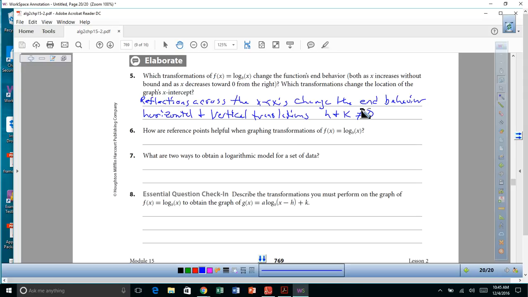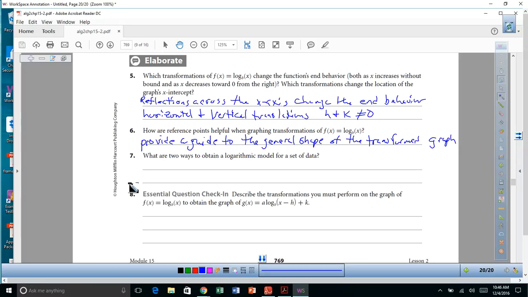How are reference points helpful when graphing transformations of f of x equals log base b x? They provide a guide to the general shape of the transformed graph. What are two ways to obtain a logarithmic model for a set of data?